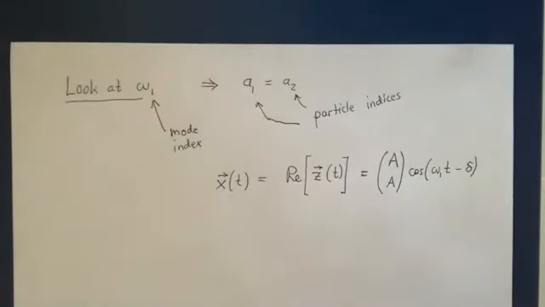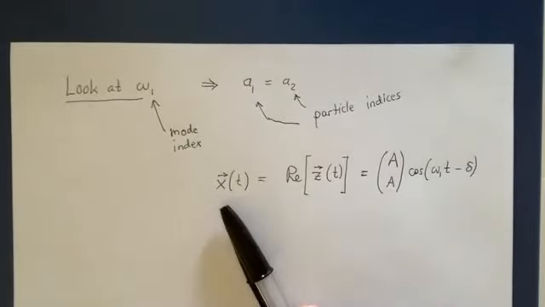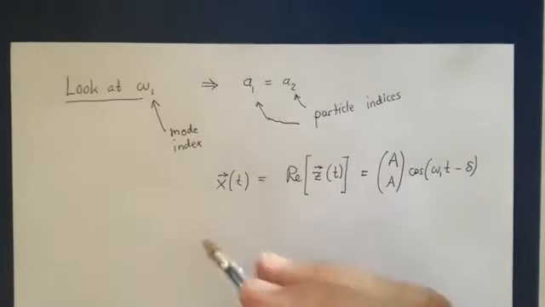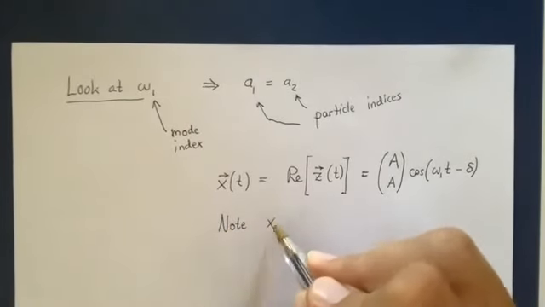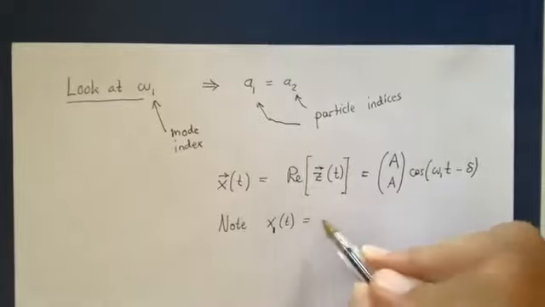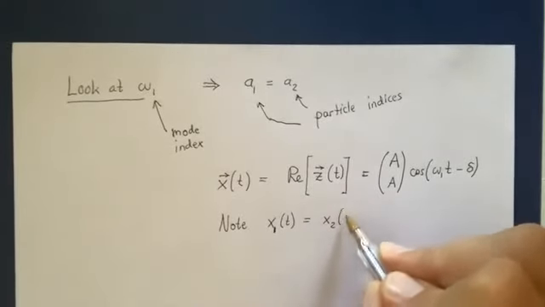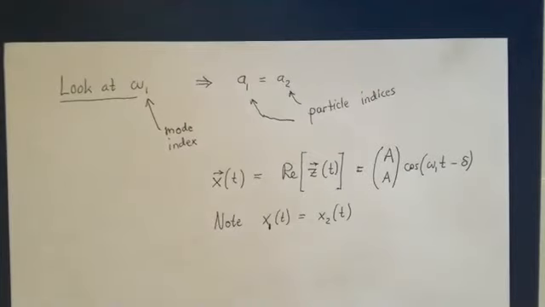This means the particles are fully synchronized. In fact, x1 of t is equal to, right? Let's write this out clearly. Note, x1 as a function of time is equal to x2 as a function of time. So it's reminiscent of the windshield wipers on a car.